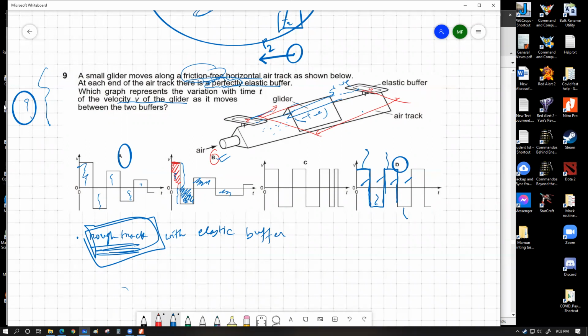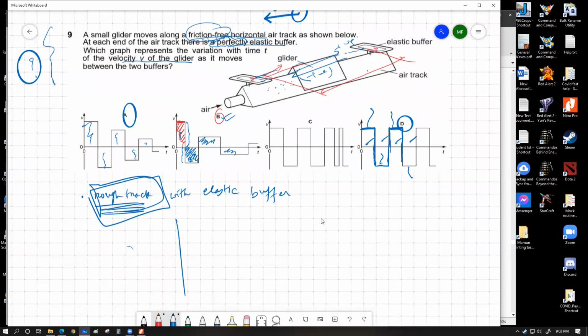Try to understand, what do these horizontal lines represent? These represent uniform, frictionless motion from one buffer to the other buffer. If the track has friction, then something like this should happen: you're going to lose some velocity over there. Now, if you have an elastic buffer, the collision velocity and the rebound velocity would be equal, and then you should lose some more velocity.